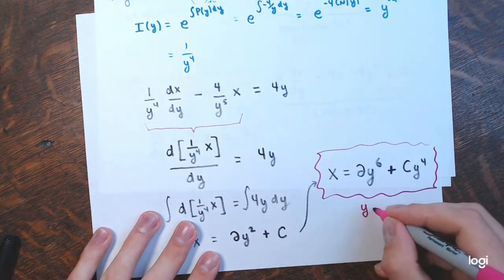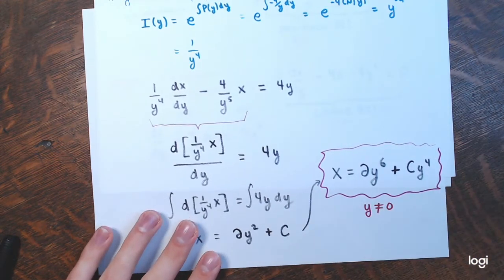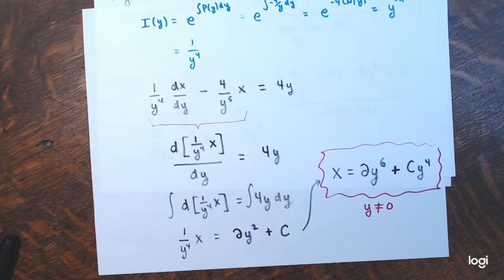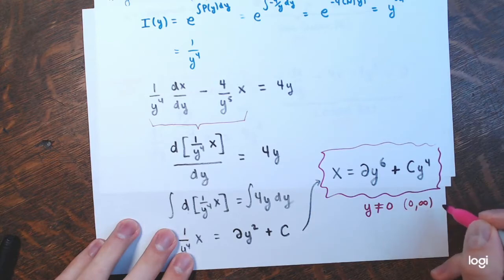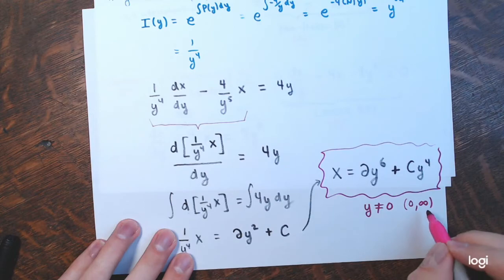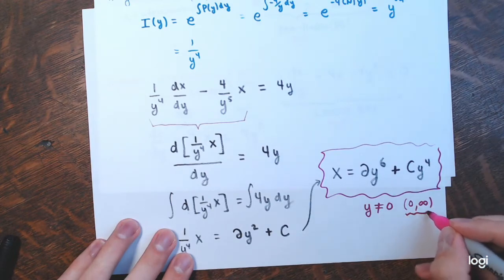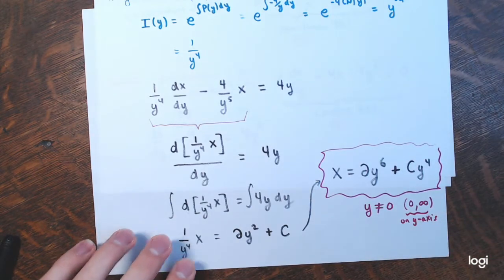If you're talking intervals on the y-axis for which that's defined, we're talking about y going from 0 to infinity, would be the largest interval over which that's defined. Or you could go from negative infinity to 0. But again, this is on the y-axis, because y is being treated as the independent variable this time.